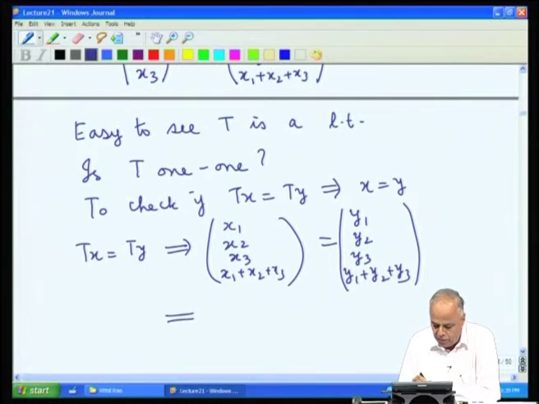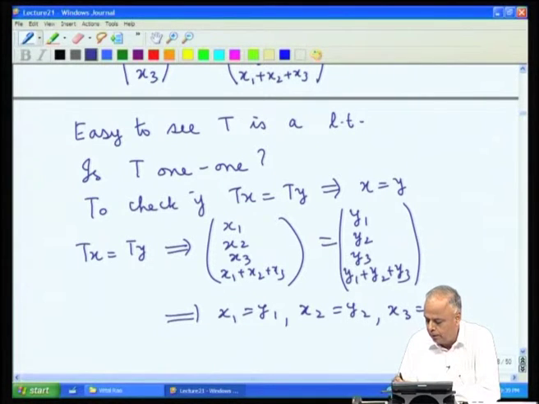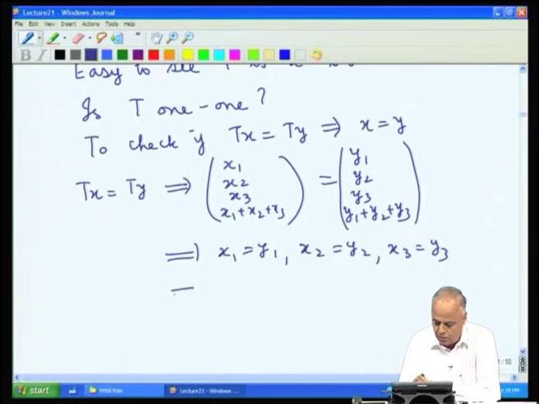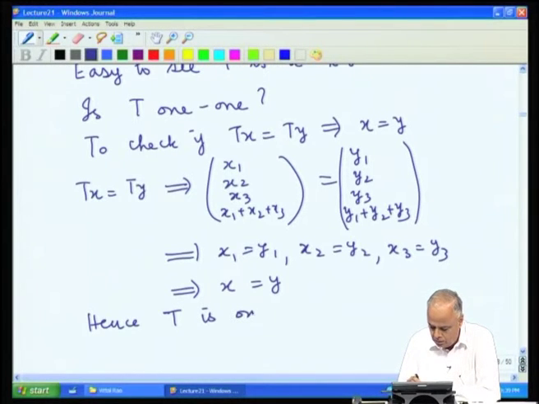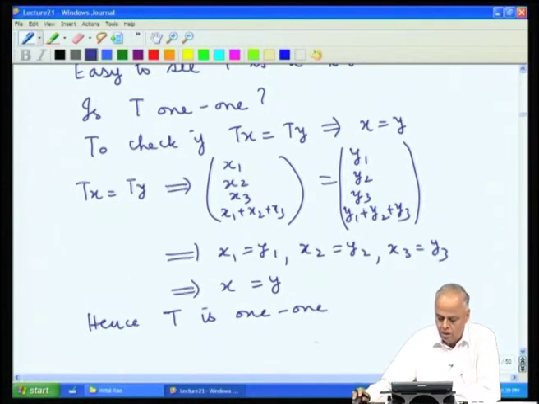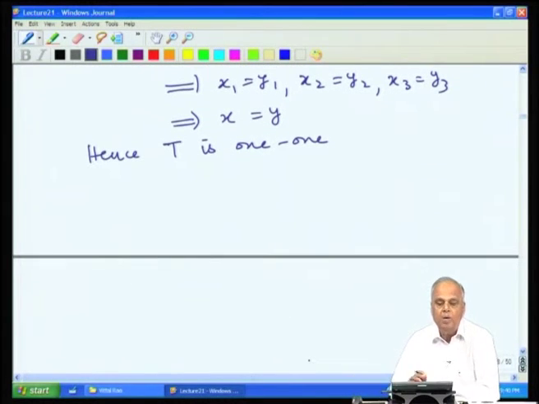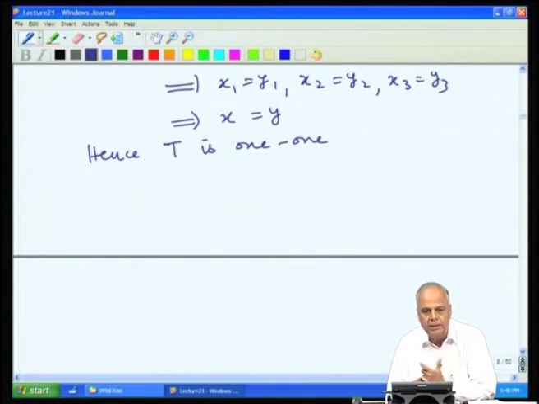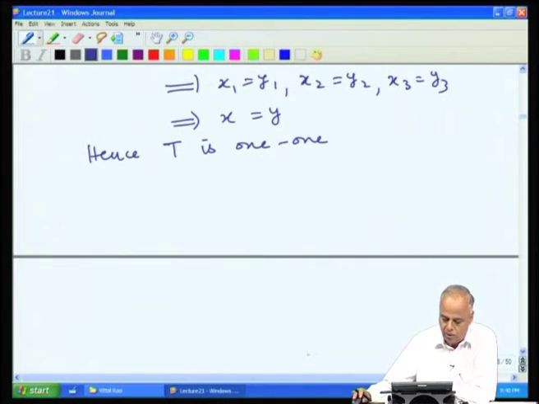Then obviously from this we get x1 equal to y1, x2 equal to y2, x3 equal to y3, which simply means x is equal to y, and hence T is 1-1. Thus the possibility exists for a 1-1 linear transformation from V to W if the dimension of V is less than or equal to the dimension of W.